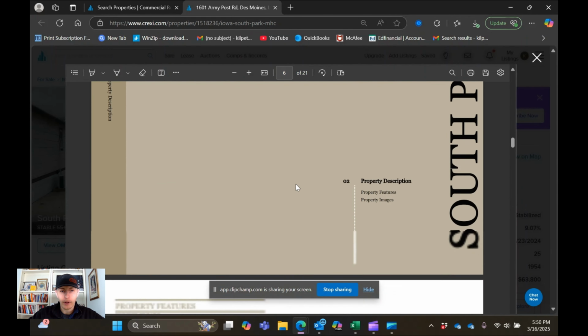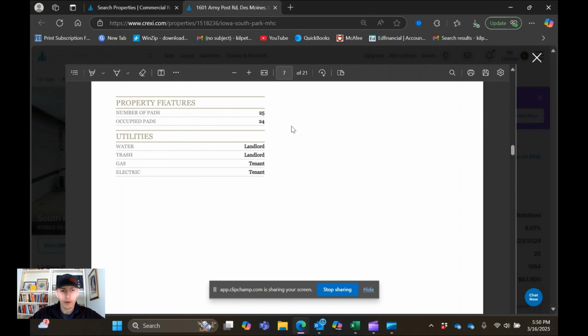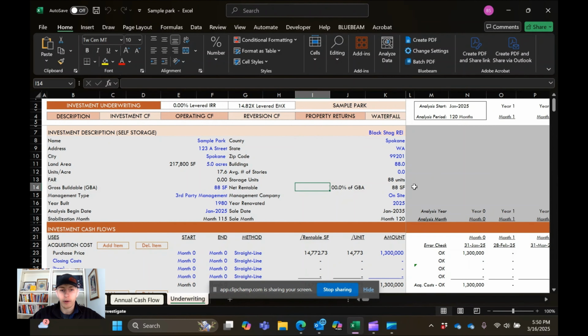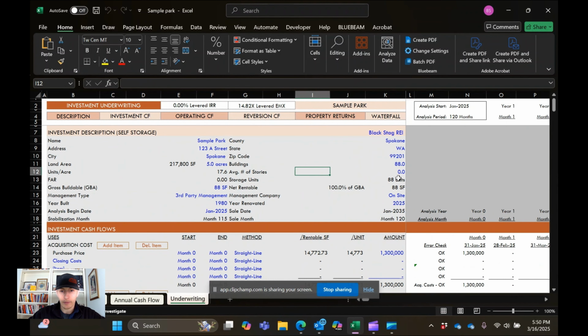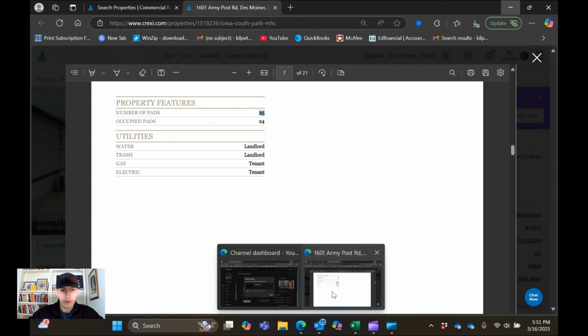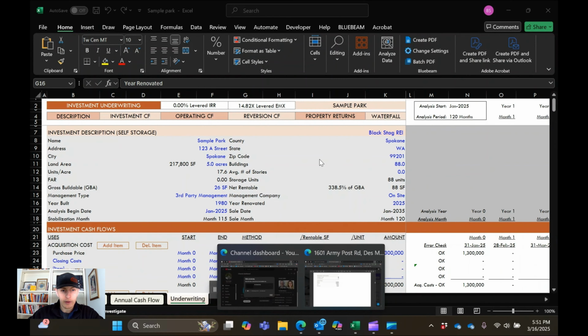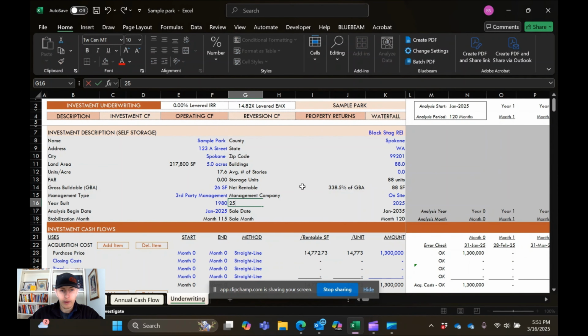Awesome. So let's start with the basics. Purchase price and number of pads and all of that. So let's say, okay, 5 acres. I got sample information in here. We have 88 units. So I think there was 26, right? 25 pads, 24 occupied.